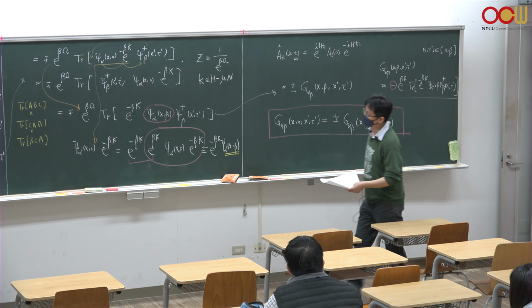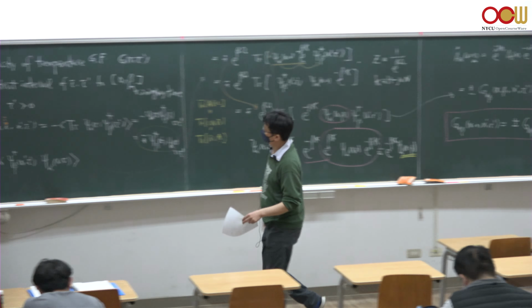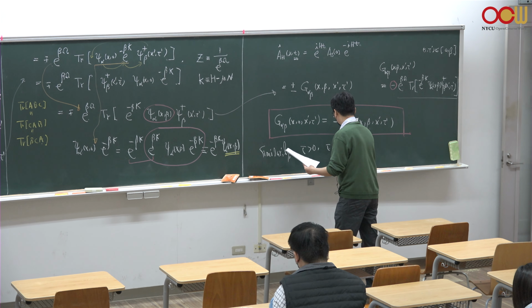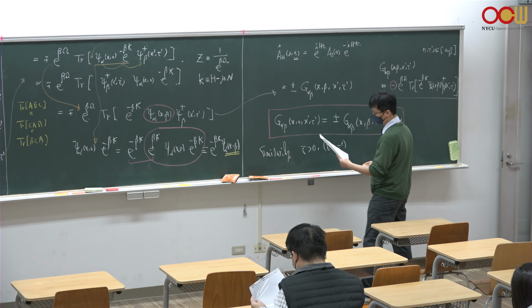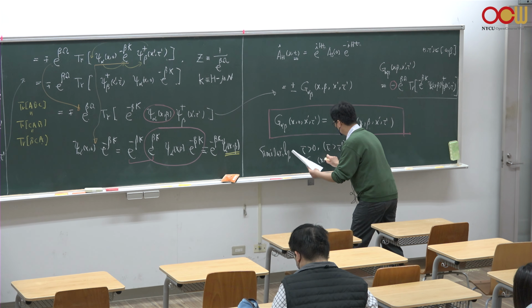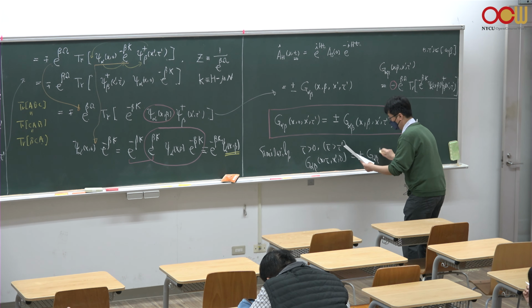This is true when tau prime is positive, namely tau is less than tau prime, and you can show that this relation holds the other way around. Similarly, when tau is positive, or tau larger than tau prime, you get the same relation. So let me just write it down here. You get G alpha beta x tau x prime 0 equals plus minus G alpha beta x tau x prime beta.